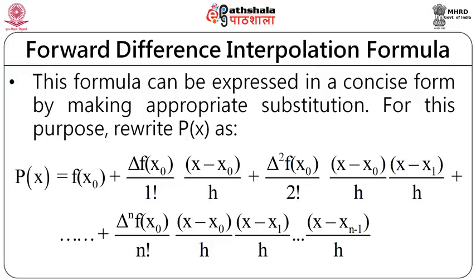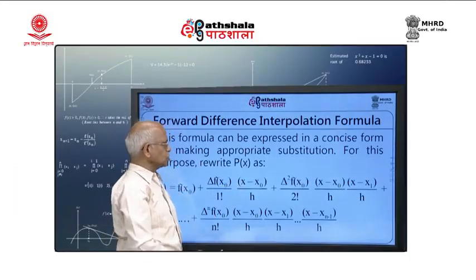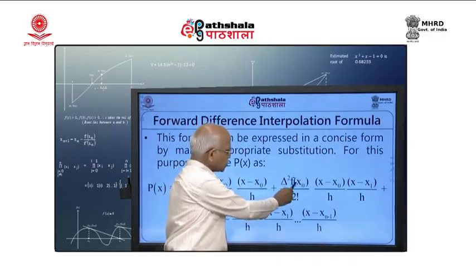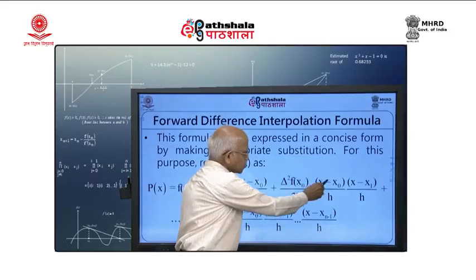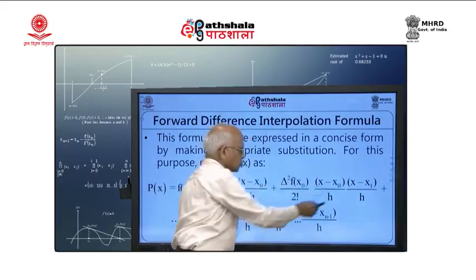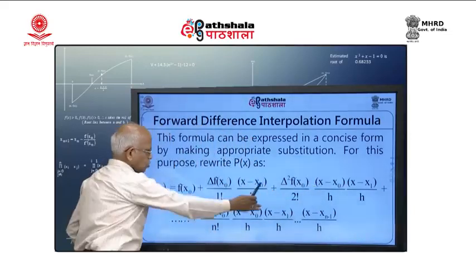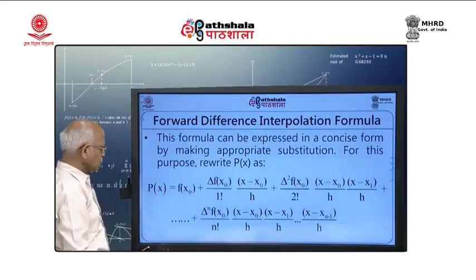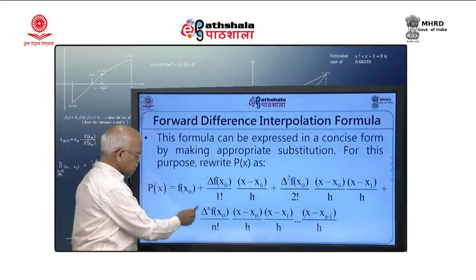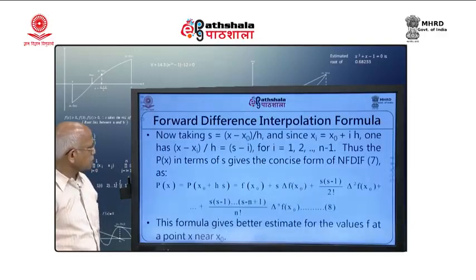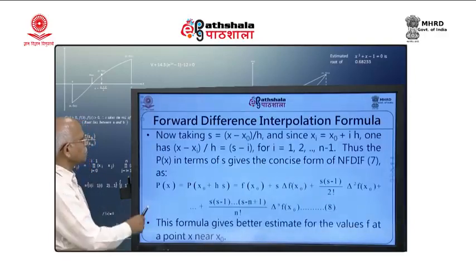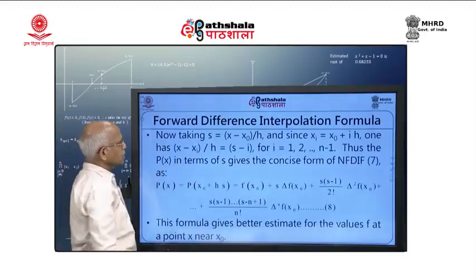So, p(x) equal to f(x0) plus del f(x0) upon 1 factorial, and this does not change, I am writing this as (x minus x0) by h. Then del square f(x0) by 2 factorial. Now, I was writing h square here, but I am now writing it as (x minus x0) by h and (x minus x1) by h. So, h is split over all the factors which we were multiplying earlier, and this gives me an easy representation by making a substitution of this kind.